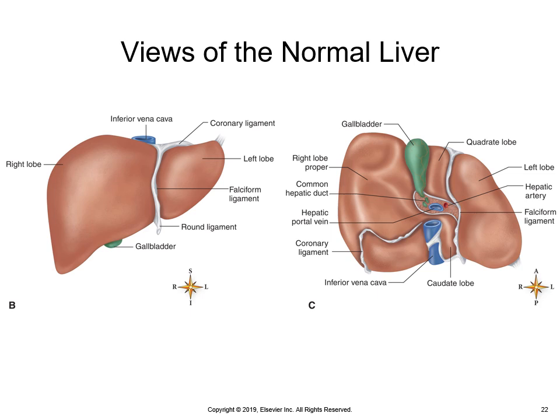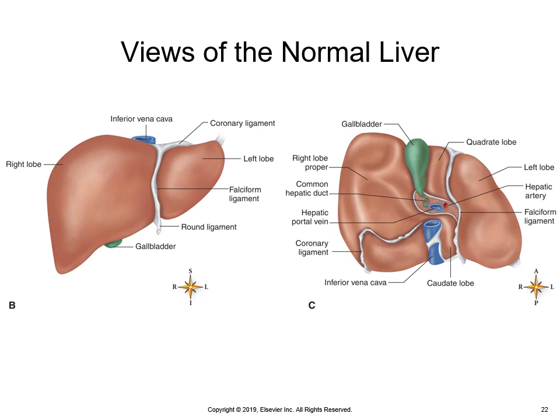So when we look at this inferior view over here, we do see some additional structures that we couldn't see from this front anterior view. What we did see that was kind of hidden, but kind of projecting underneath, is the gallbladder. We can clearly see it right here in this inferior view. And the gallbladder, again, is located on the underside of the liver, specifically the right lobe of the liver, and that's where that bile is going to be stored until it's released.